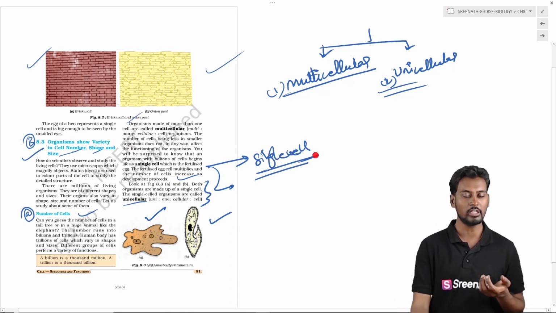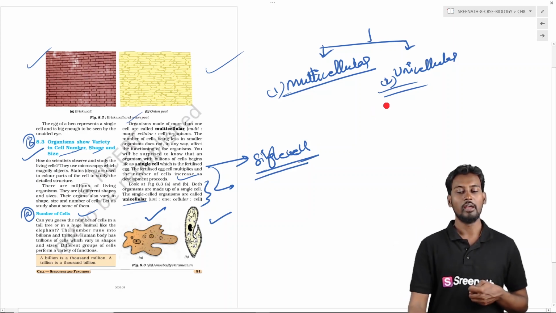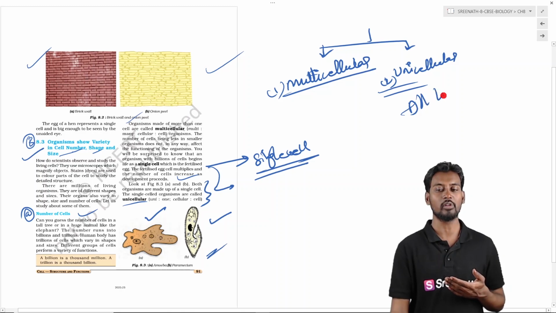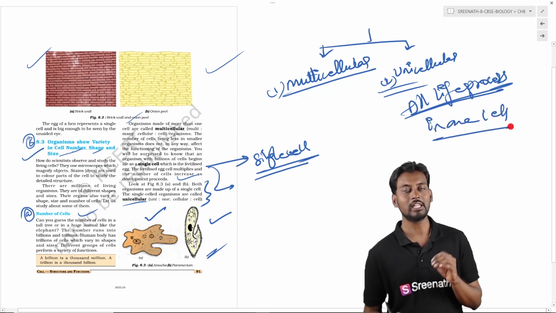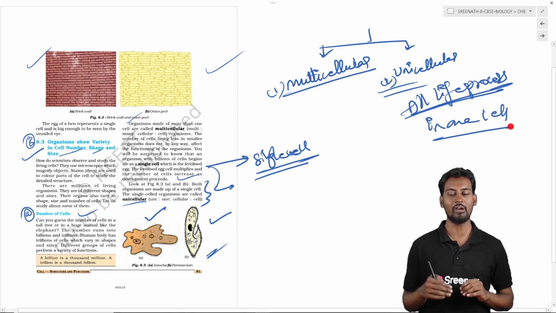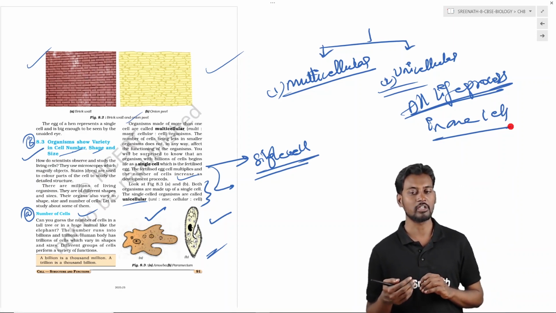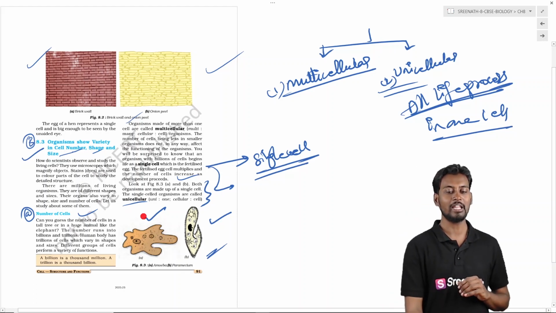For example, the amoeba and the paramecium are the ones where all the life processes take place in one cell. So these cells show the unicellular nature. For example, paramecium and the amoeba.